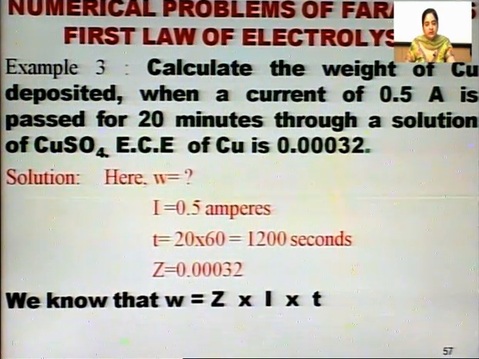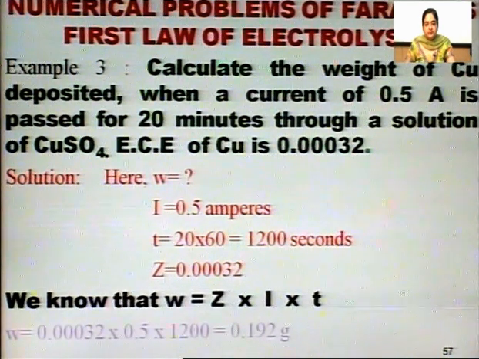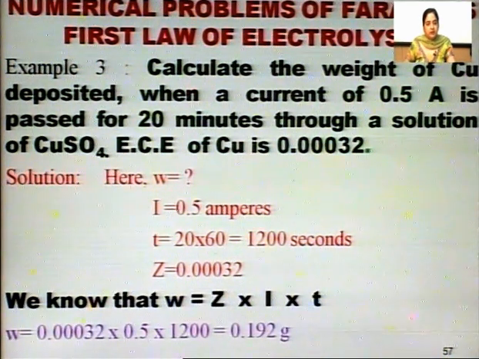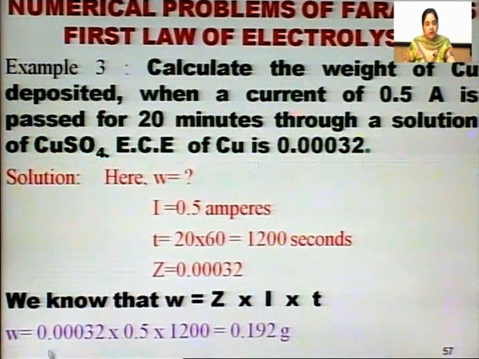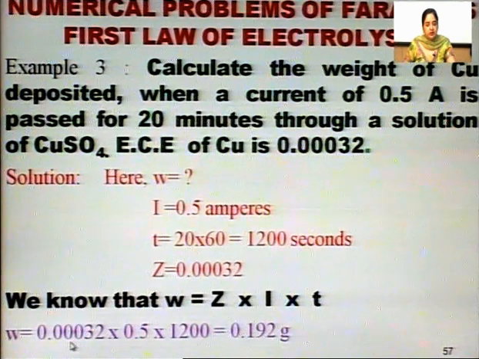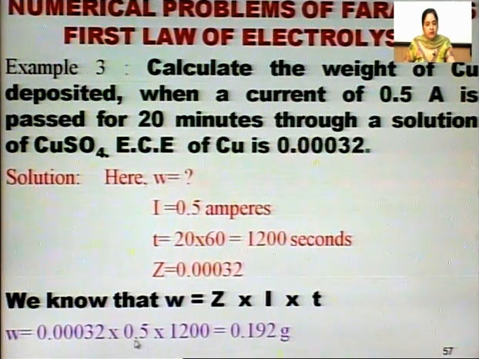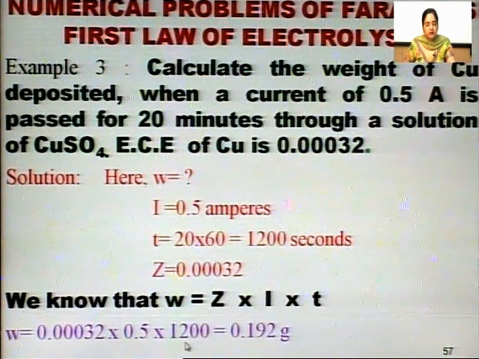Again W is equal to Z into I into T. W is equal to 0.00032 into 0.5 into 1200.